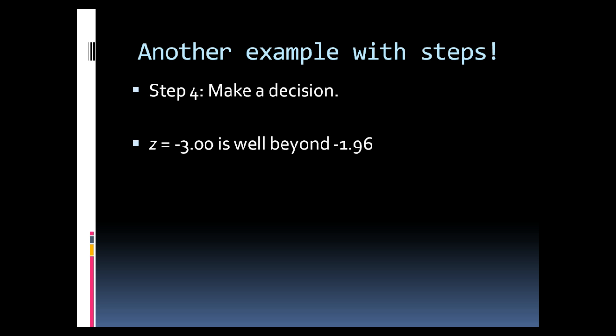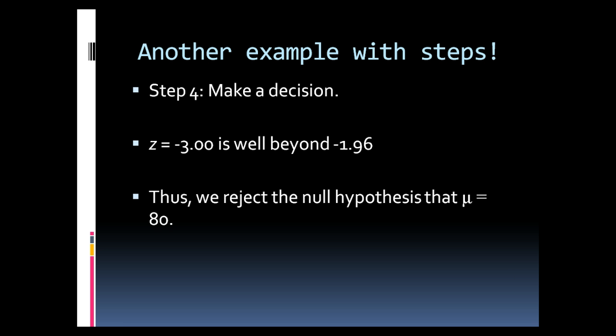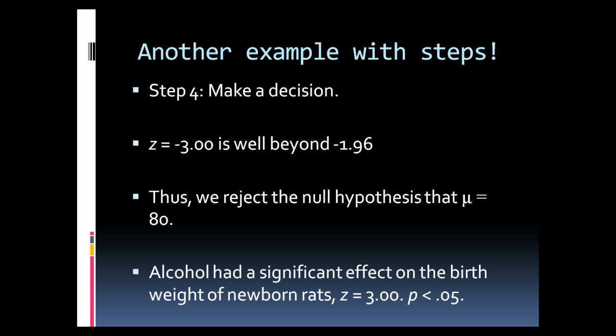So we make a decision. Z of negative 3 is well beyond negative 1.96, so it's definitely in the critical region. We reject the null hypothesis that mu equals 18, not 80. That's from the previous example. So we could say alcohol had a significant effect on the birth weight of newborn rats. Z equals negative 3, p less than 0.05.